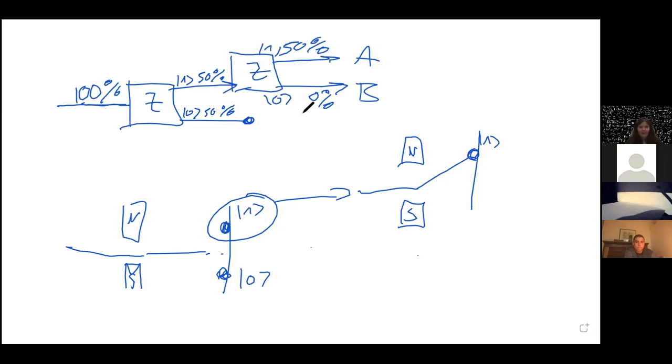Okay, so I think I will just draw the next one here. Why for 1 it's not 100? Because if you said these 50% are my 100, then in the second one you would get 100% of the ones you put in.